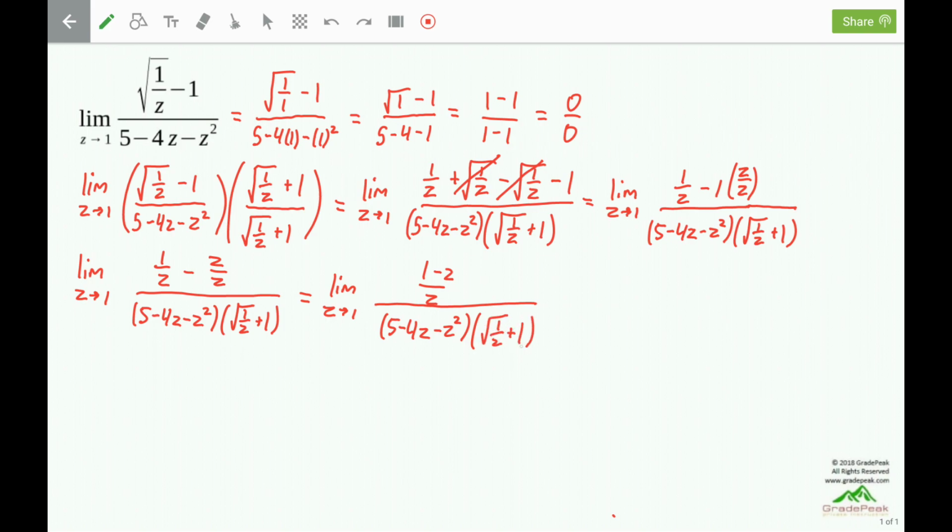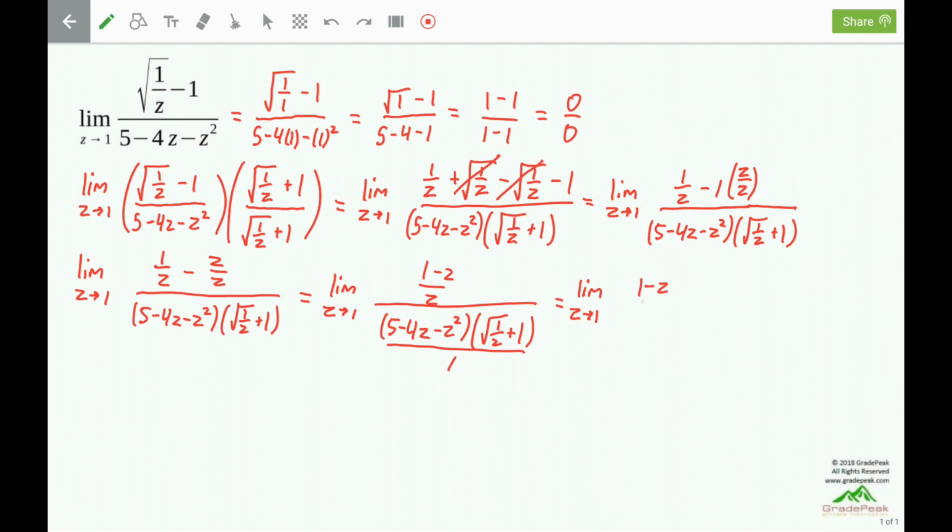Our next step is to reciprocate the denominator and multiply it. So we're going to put everything over 1 here so that we can reciprocate and multiply. We need a fraction in the denominator to be able to do that. So by putting that over 1, I now have a fraction.